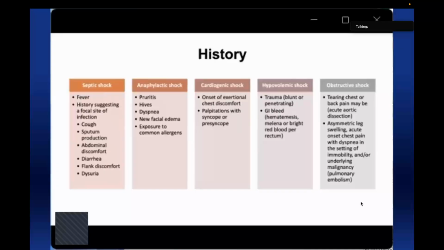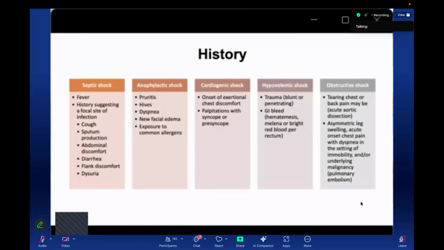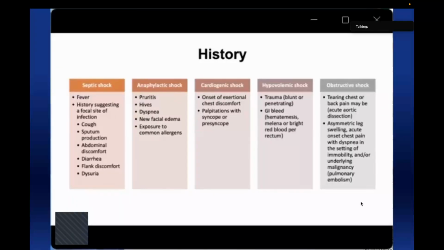In septic shock, there is presence of fever and history suggesting a focal site of infection. In anaphylactic shock, there is history of pruritus, hives or dyspnea, edema, and exposure to common allergens. In cardiogenic shock, there is an onset of exertional chest discomfort, palpitations with syncope or presyncope.